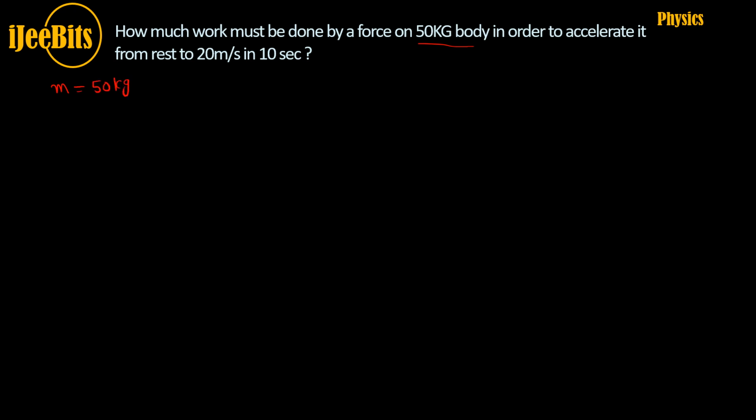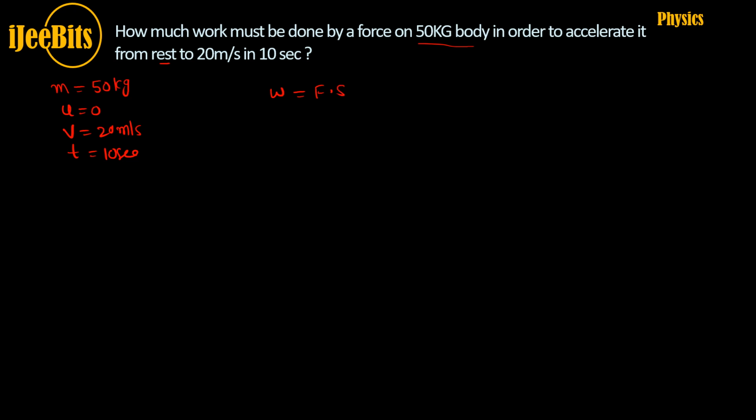And initial velocity is 0 because it says rest. Final velocity 20 meters per second is given. Time t is 10 seconds. What is needed for us? Work done equals force into displacement.